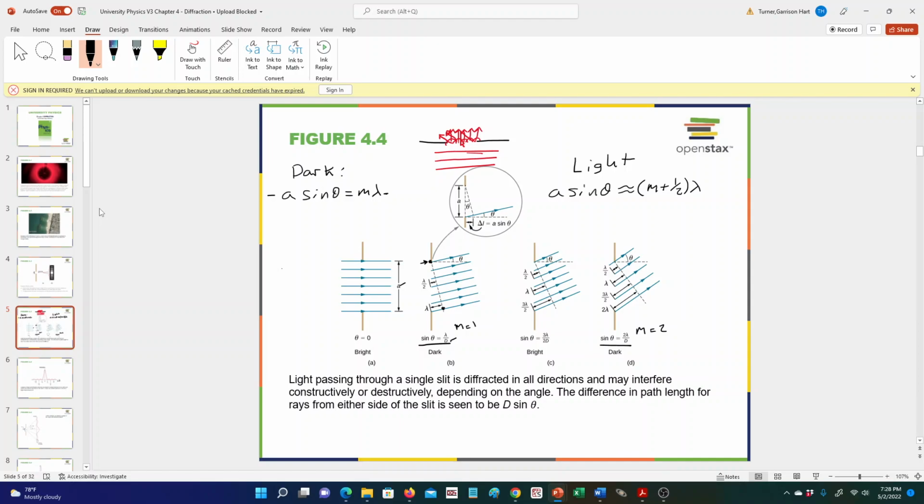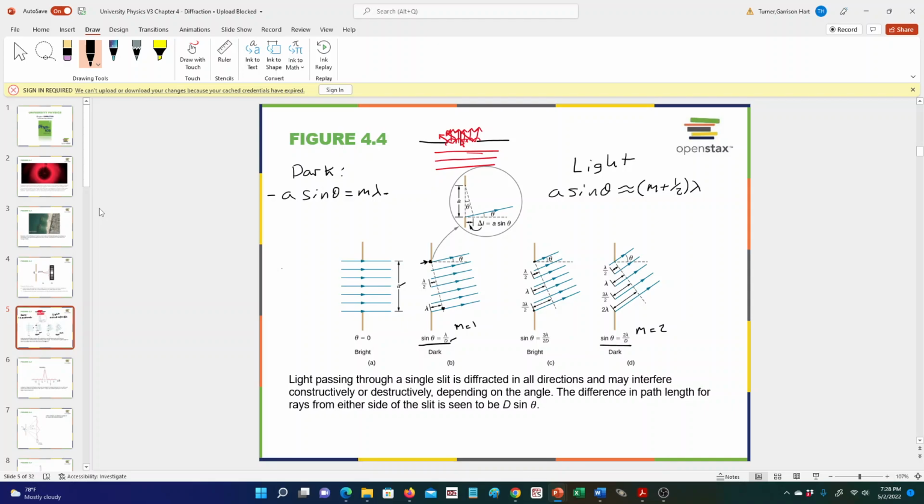But when the path length between the shortest ray and the longest ray is a multiple of half of a wavelength, then you don't get that.